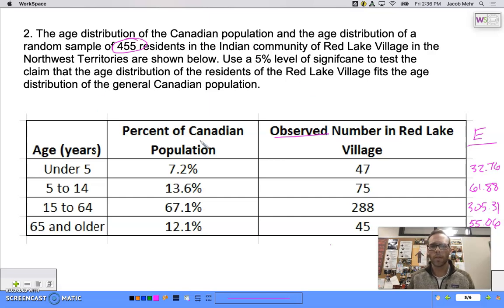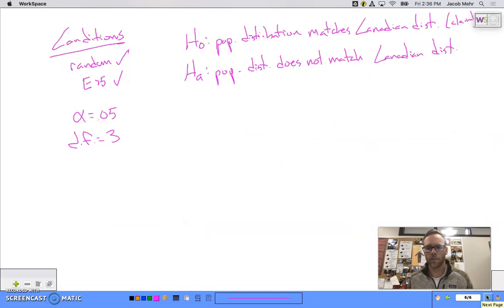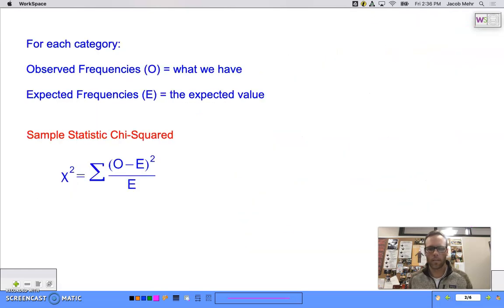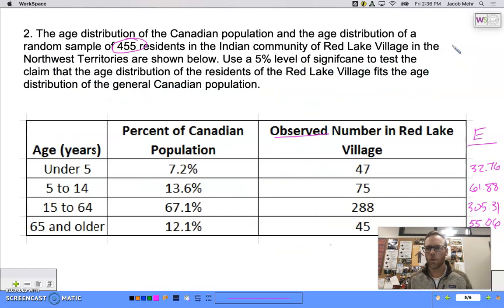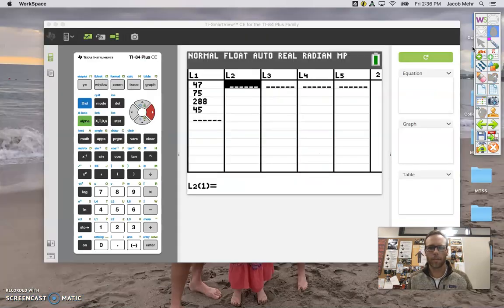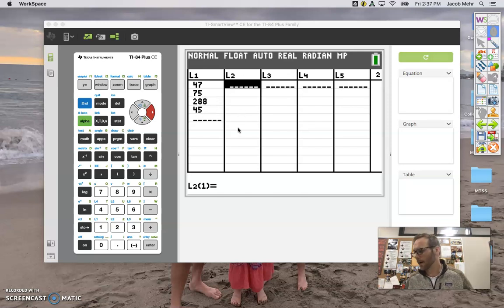All right, what else do we need? Well, I think we're ready to calculate our chi-squared. So, remember our formula. Where's it at? There it is. Observed frequency minus expected squared over expected, and we need to add them all together. So, I've got my calculator up here, I've already typed in the observed frequencies. Now is where I type in my expected frequencies. So I'm going to take a second here to do that.